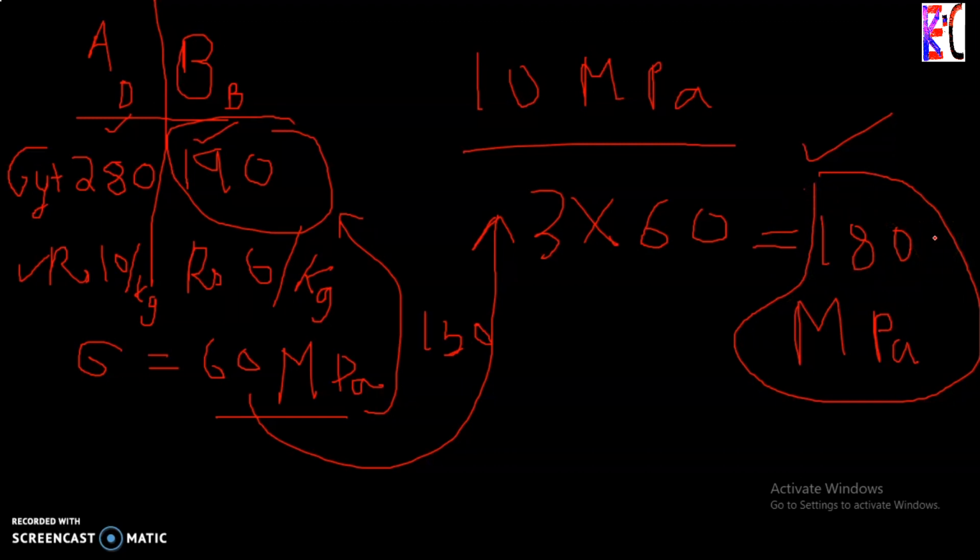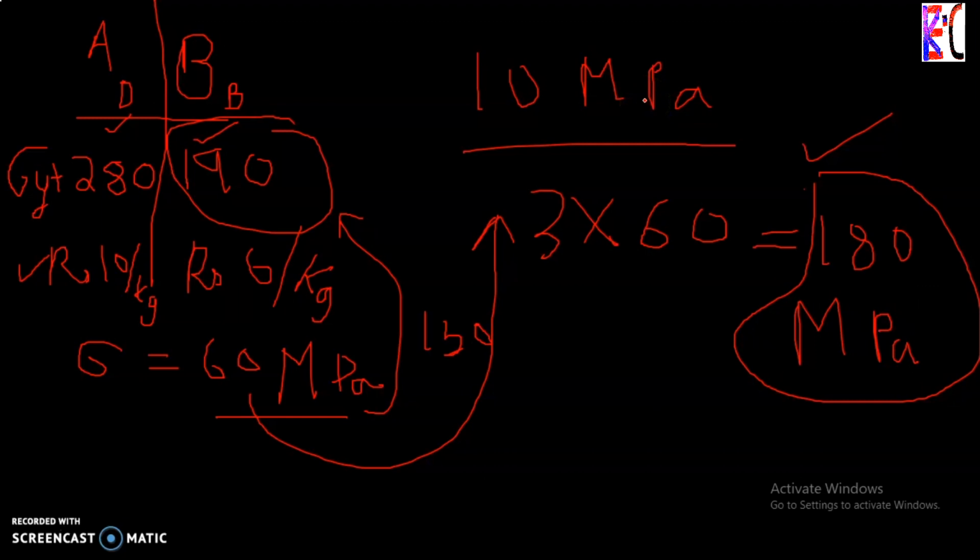So it's clear that I have a room of 10 megapascal. If I consider the maximum stress I will apply in the body is 180 megapascal, and the minimum force applied is 60 megapascal. So what I have understood from this in a simpler way, as per rule of thumb, I have to consider maximum allowable stress is 180. So as I know that it's 190, it's 10 megapascal of window I have, that is maximum.